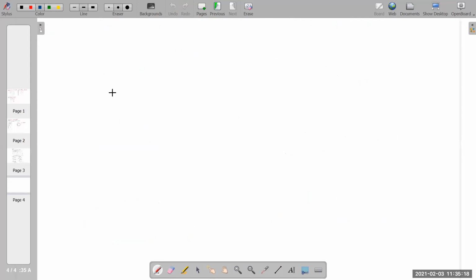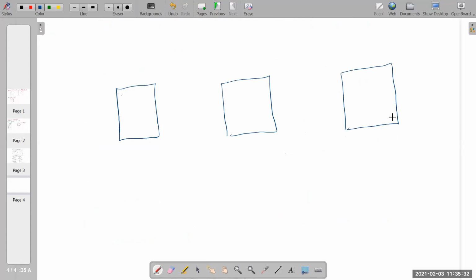So this is my first flip-flop. This is my second flip-flop, B flip-flop. This is my C flip-flop. JA, KA, QA, QA bar, JB, KB, QB, QB bar, JC, KC, QC, QC bar.